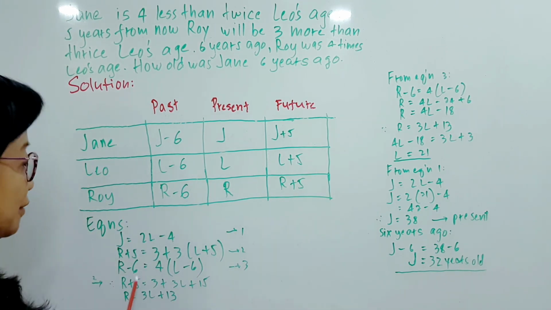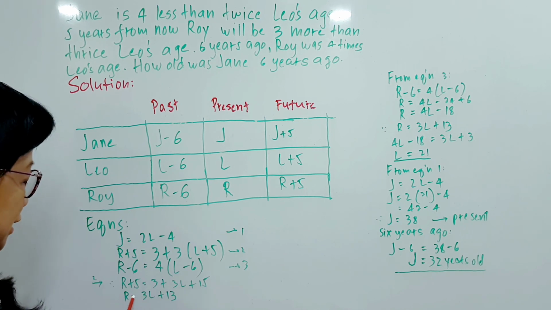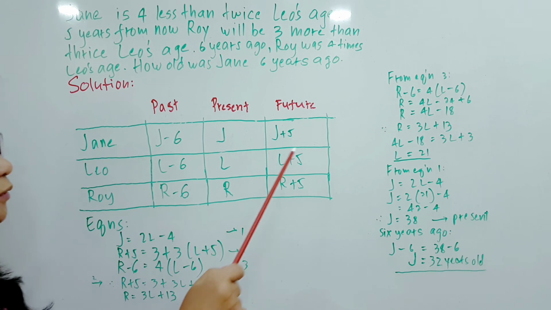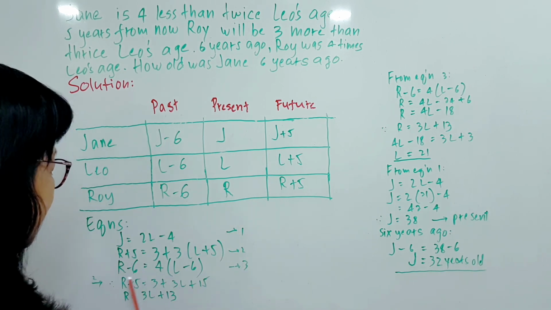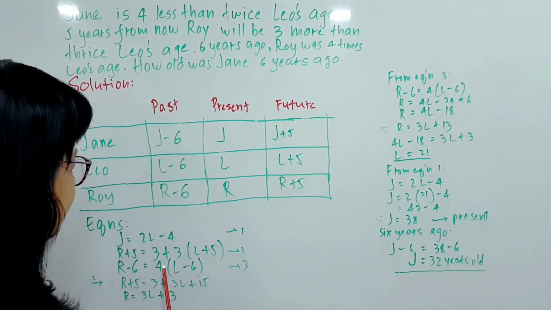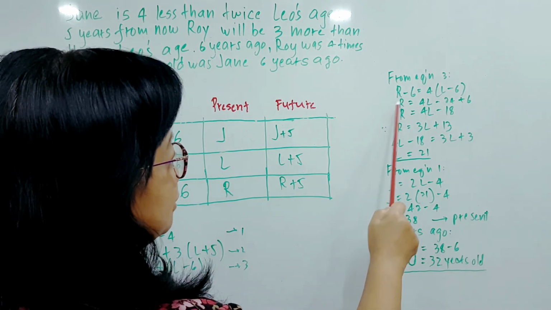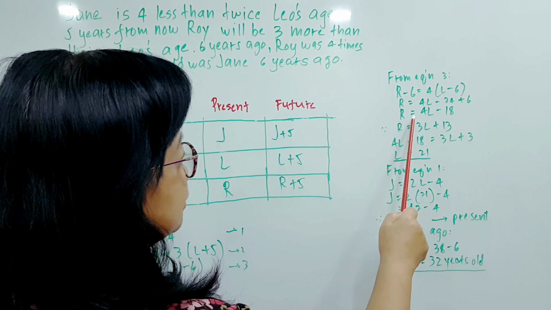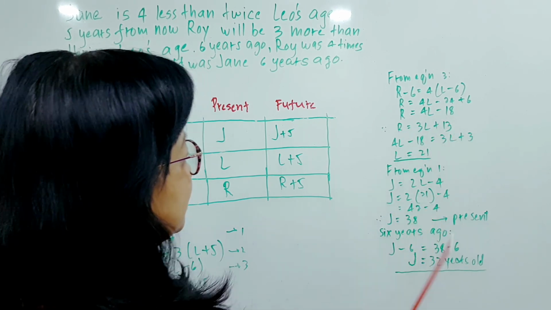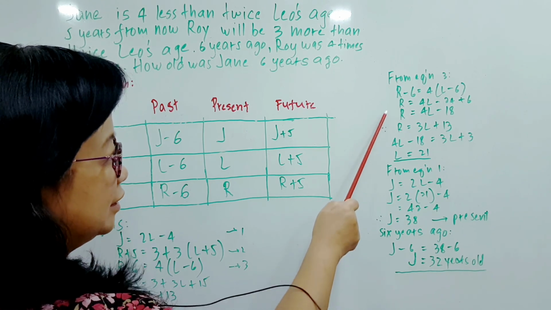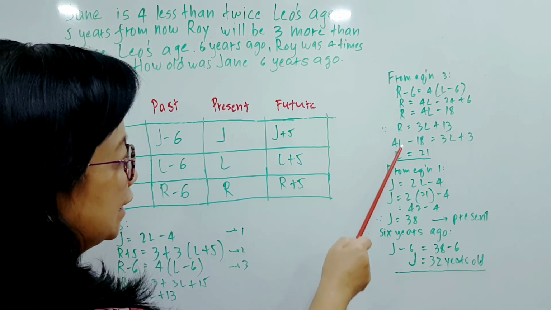So, from equation 3, dahil dito hindi pa rin natin ma-solve ang L. So, from equation 3, which is R minus 6 equal to 4 times L minus 6, solving this one will result to R is equal to 4L minus 18. So, meron na tayong dalawang value ng R. So, i-equate na lang natin yan.